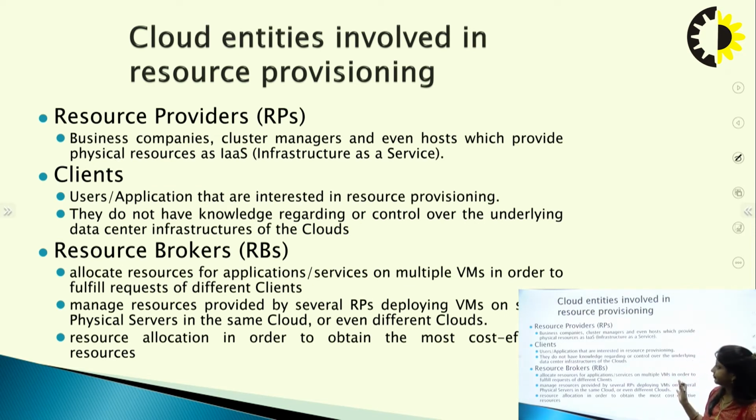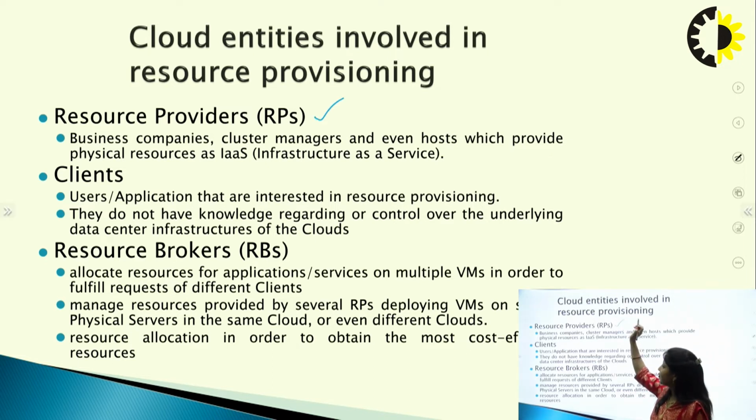Now, what are the terms involved in this? The different terms are, first, resource providers. Resource providers can be business companies, cluster managers, and even hosts which provide the physical resources. When we deploy the resources, we require certain physical components also. Like when we assemble our system, we take the hard disk from other companies, and we assemble all the components from different companies.